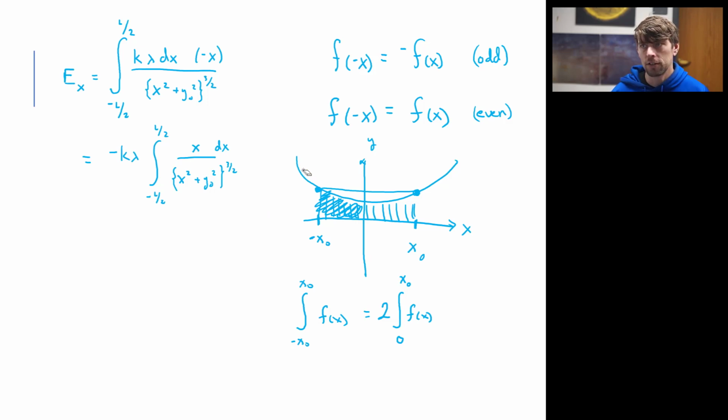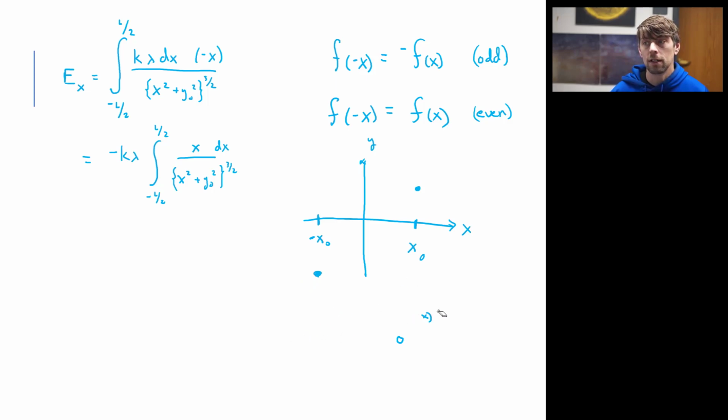Odd functions do not have this symmetry about the y-axis. Odd functions mean that when I plug in a positive number versus the negative argument, I get a negative value. And so what ends up happening for odd functions is, I want to say that if you take the graph and rotate it 180 degrees, you end up with the same function.